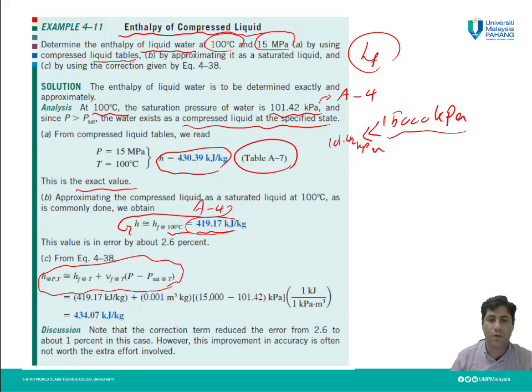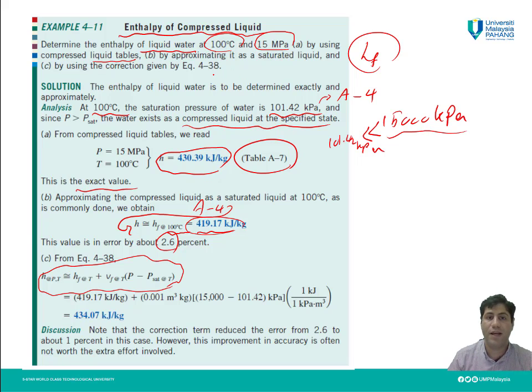If you compare these two values, you can see that with this approximation we have 2.6% error in the enthalpy.